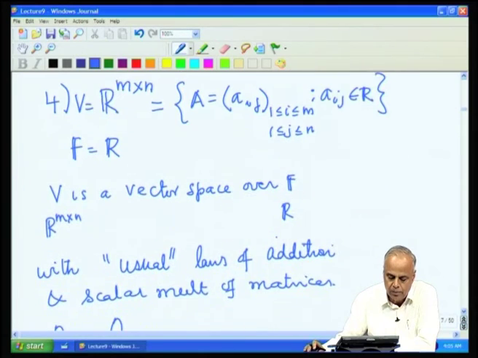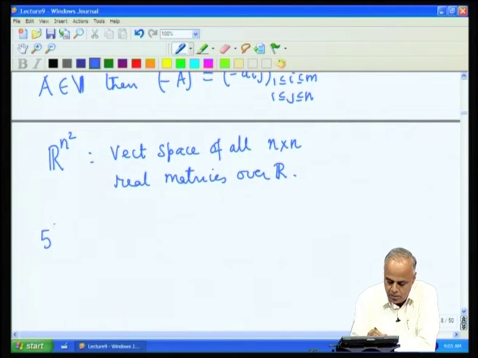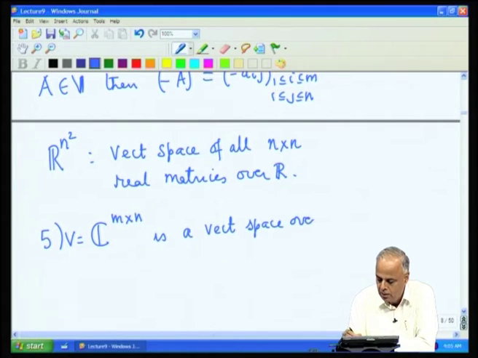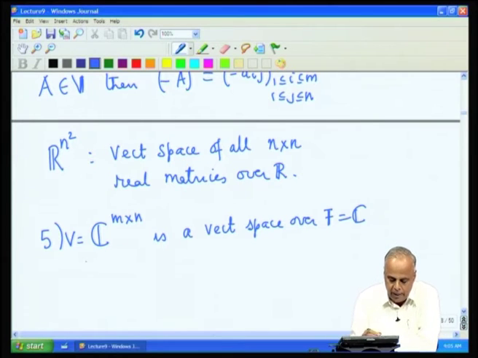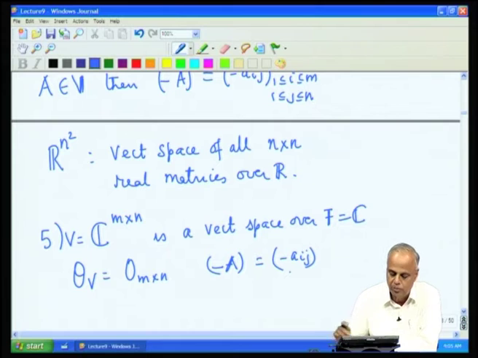Analogously, just like we took R here, we can take complex numbers. So, we have C^(m cross n), the set of all complex m by n matrices, is a vector space over the field of complex numbers. Again, what is the 0 element of this vector space? It is the 0 m by n matrix, and the negative of a matrix is just minus a_ij as before.